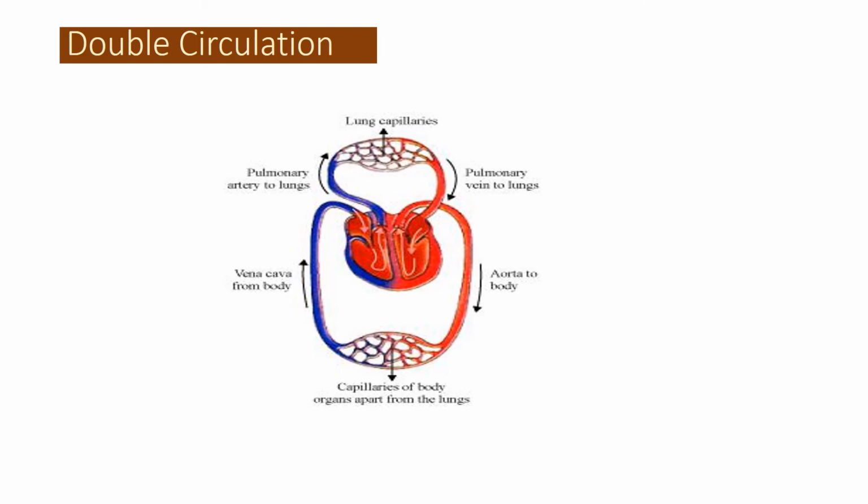And this separation of right side chambers and the left side chambers of the heart is useful to keep oxygenated and deoxygenated blood from mixing. And such separation allows a highly efficient supply of oxygen to the body.